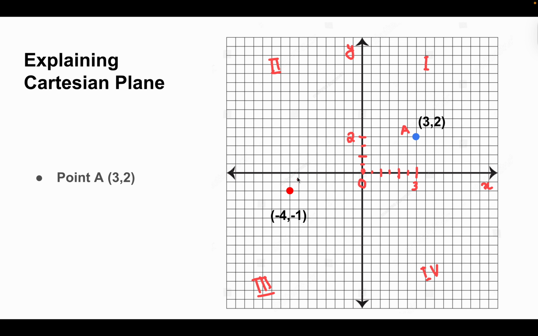In the second quadrant, if you go left on the x-axis, x is negative, and if you go down, y is negative. So if you go here, it will be minus 4 in the x-axis, like 4 steps left and 1 step down.